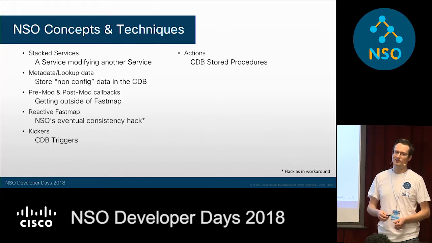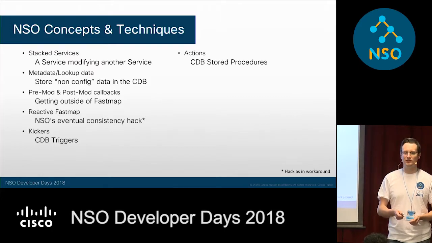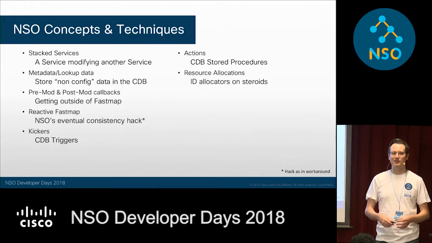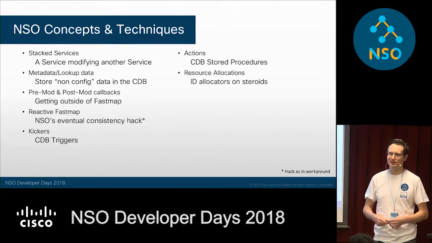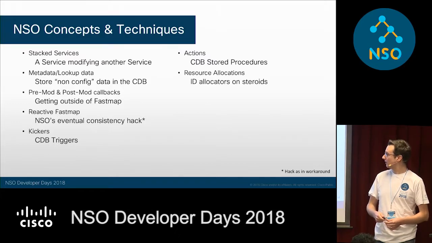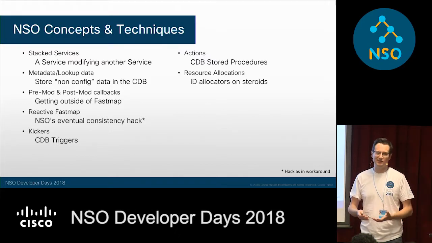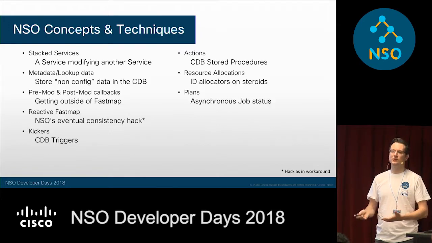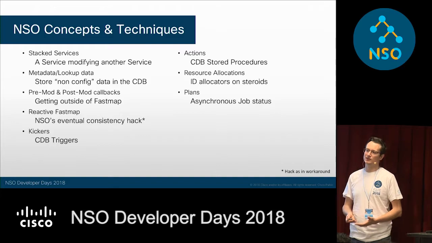Resource allocators: again, coming from the database world, you'd get ID allocators. The resource allocation you can do in NSO is like an ID allocator, but to the next level. Plans, again, database world, that's where I come from. It's kind of like a database job status.